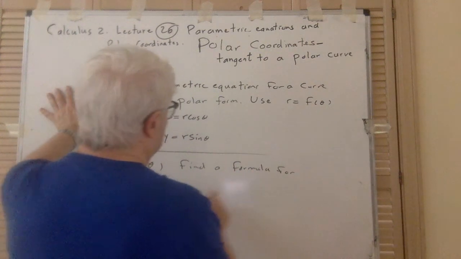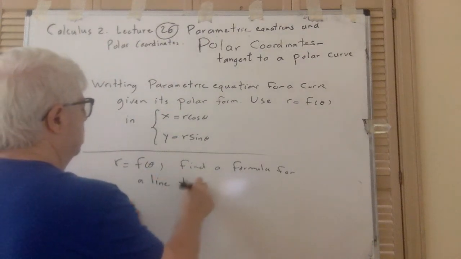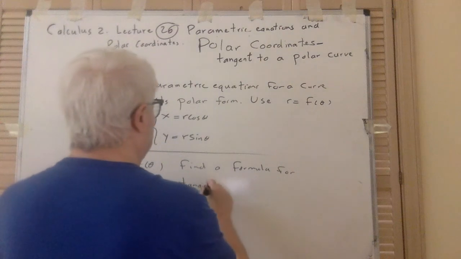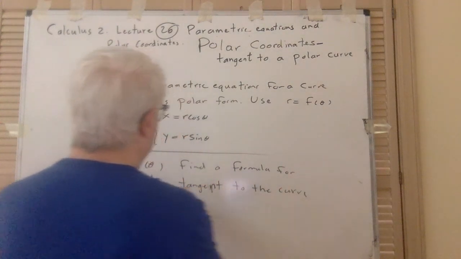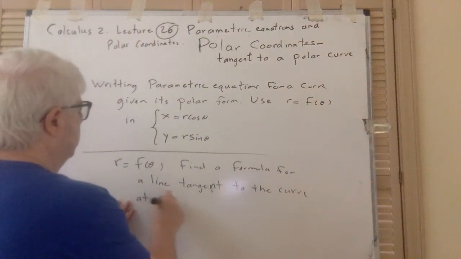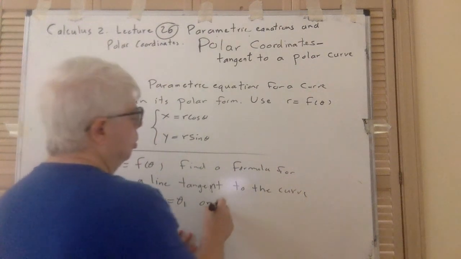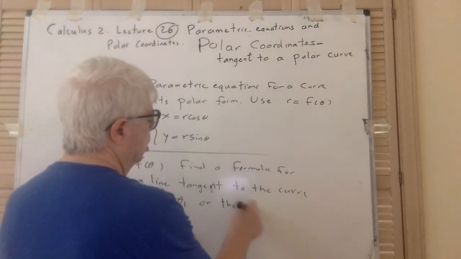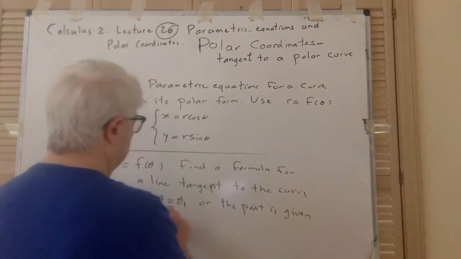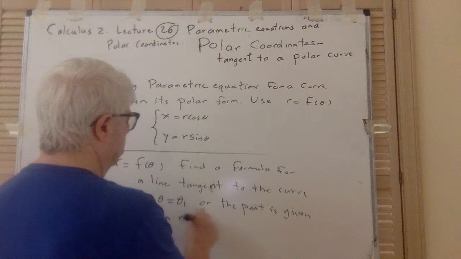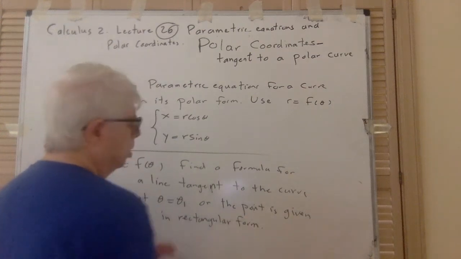We want a line tangent to the curve at theta equals some theta 1, or the point is given in rectangular xy coordinates.